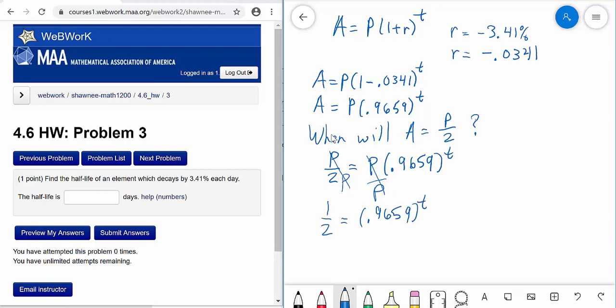To solve for the exponent t, we need to convert this to a log equation. t will equal the logarithm base 0.9659 of 1/2.